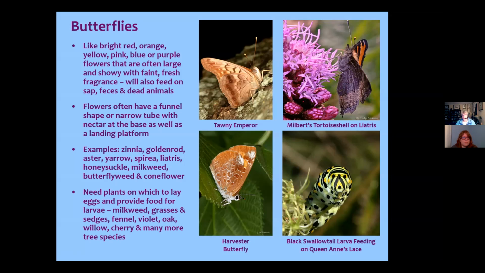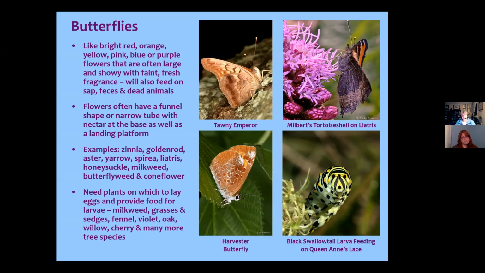Having those hairy bodies with the overlapping cells on their wings picks up a lot of nectar to carry on as they go forward. So zinnias, goldenrods, asters, yarrow, there's countless plants that work for them. Liatris, butterfly weed, coneflower, all of those are ones that they can absolutely feed from.